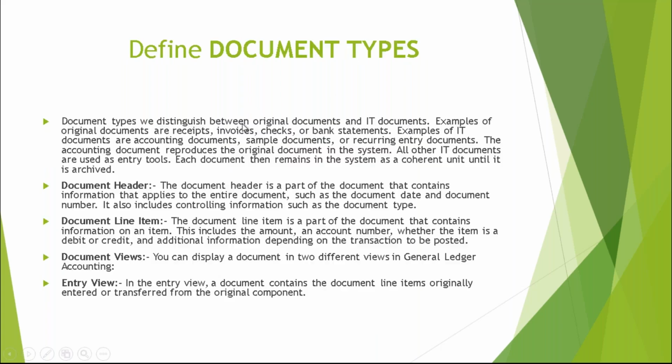So next we will be talking about define document types. So what do you mean by define document types? See, document in the sense whenever you are going to create the transactions. It might be taxation transactions or original documents. For example, it might be a receipt, an invoice, or a bank statement.